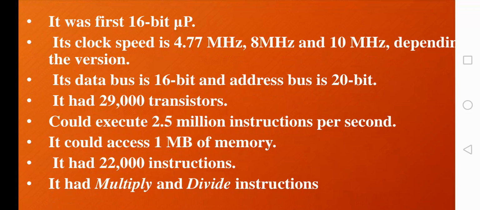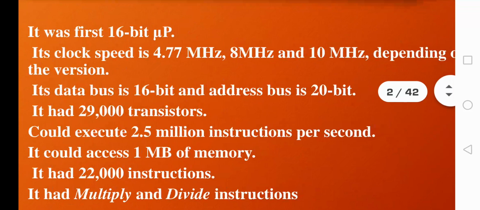So the 8086 processor has three different versions since its clock speed varies across them. 4.77 megahertz is the clock speed of the first version, the second version has a clock speed of 8 megahertz, and the third version has a clock speed of 10 megahertz.